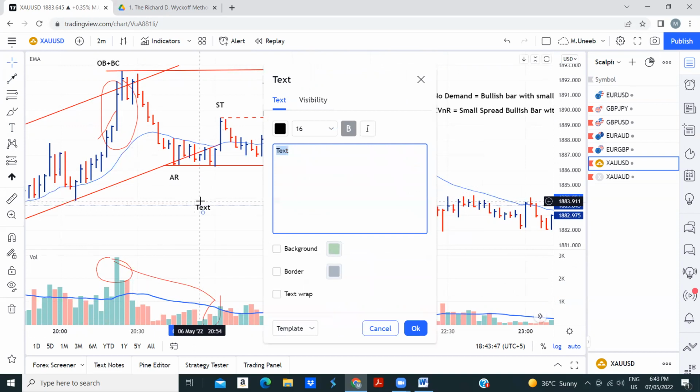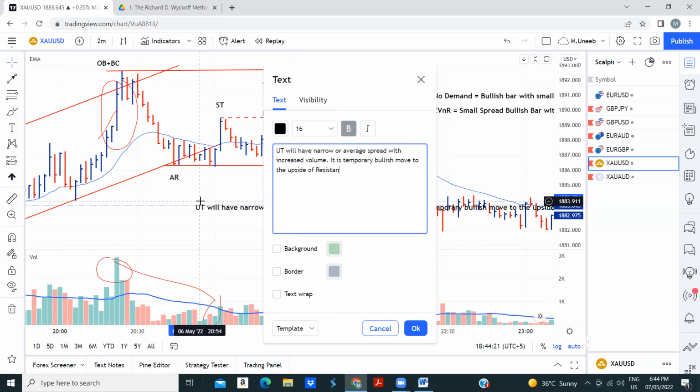UT will have narrow or average spread with increased volume. It is a temporary bullish move to the upside of resistance.